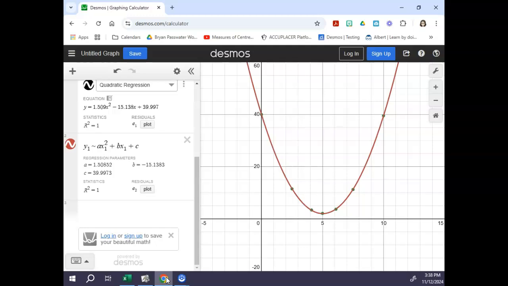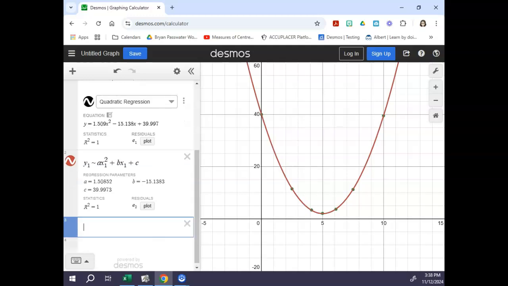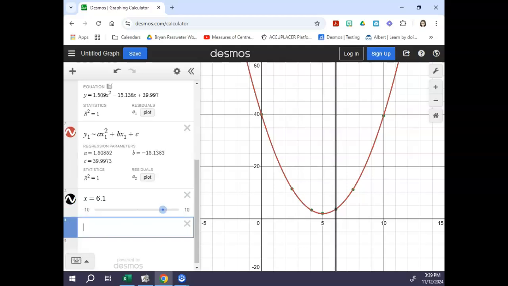All right, so I need what my function says is happening at 6.1. So I can type in x equals 6.1, okay? And then I have this line in here that it gives me.